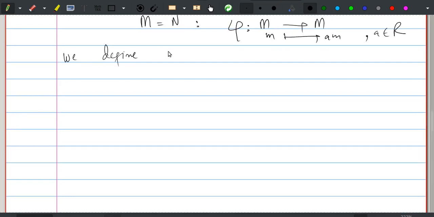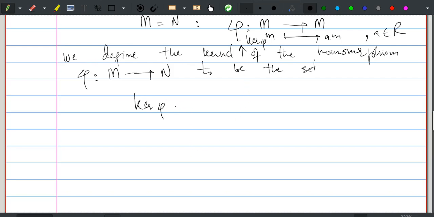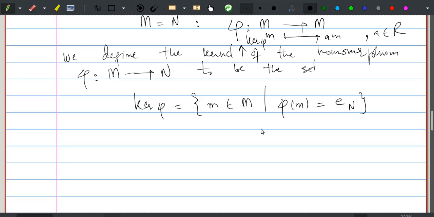We define the kernel of the homomorphism phi from M to N to be the set, denoted by kernel of phi, consisting of all those elements of M whose image under phi is the identity element of the module N. So this is the kernel of a module homomorphism.